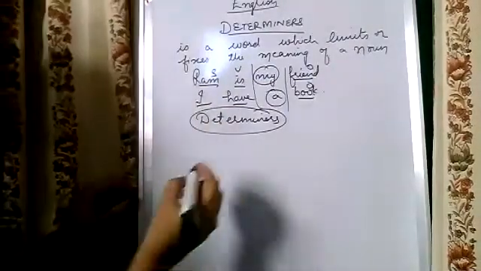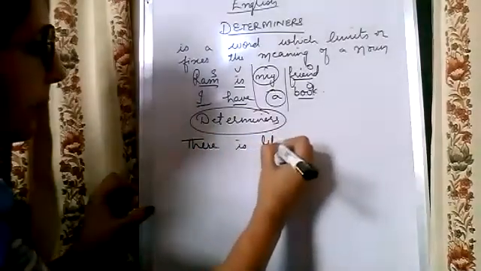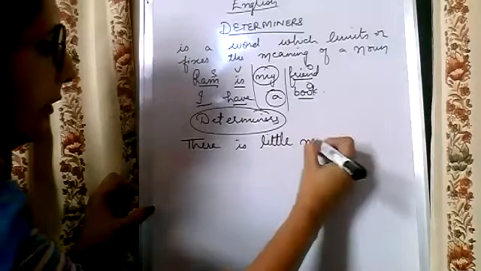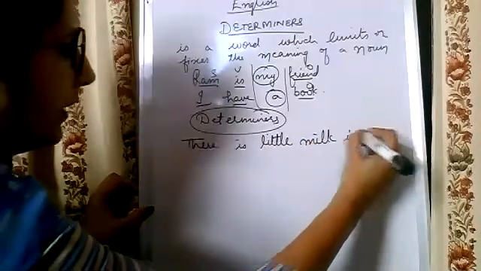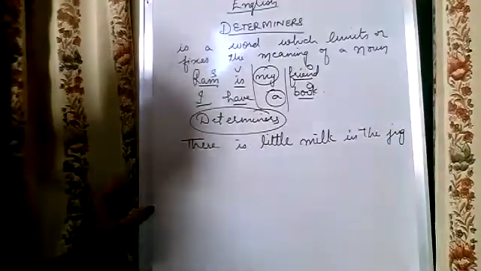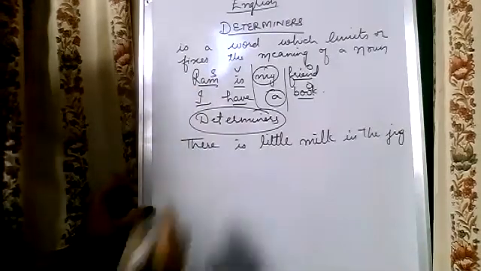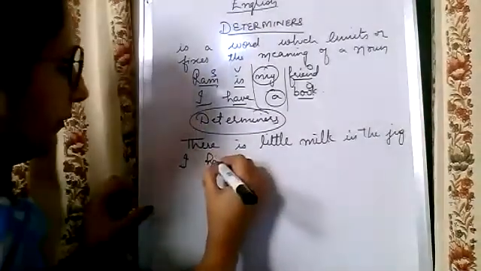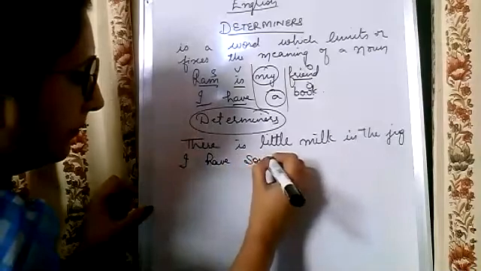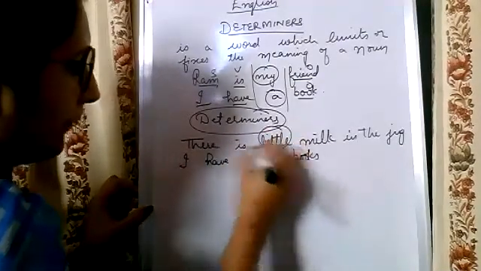If I take a few more examples, for example, there is little milk in the jug. Next, if I say, I have some books. Now see here, little and some.